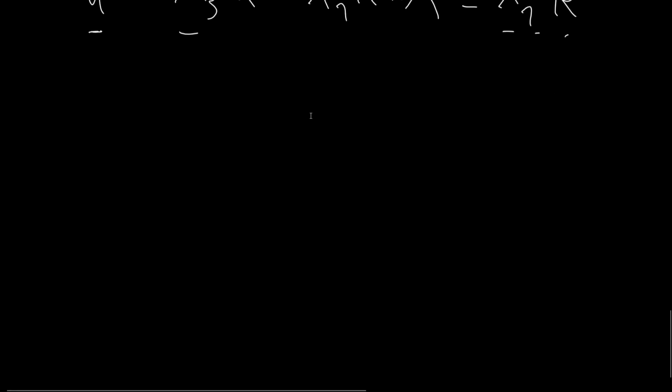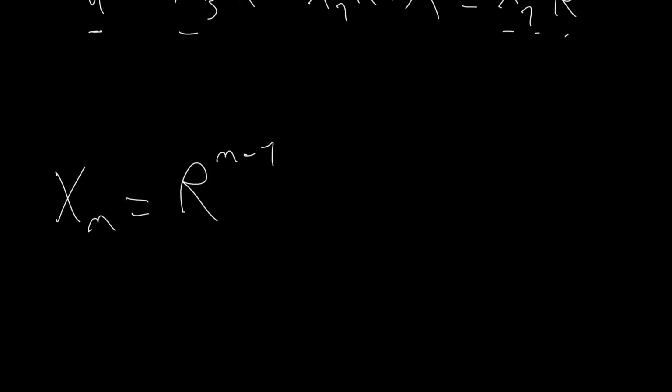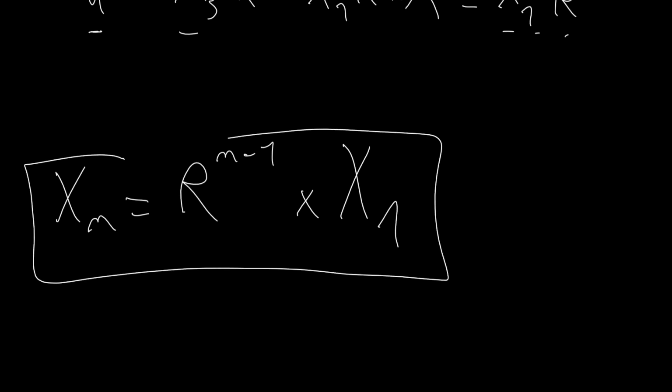So xn would be equal to R to the power, well, 4 gave us 3, 2 gave us 1, so R is to the power n minus 1 times x1. And this is the solution to the equation.